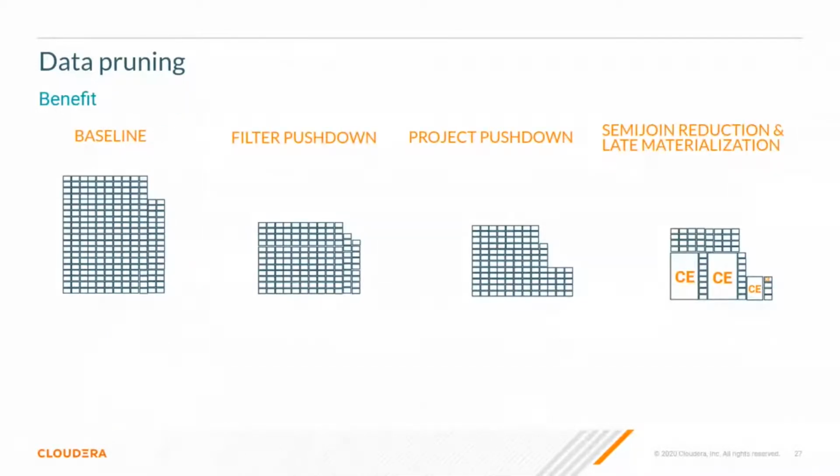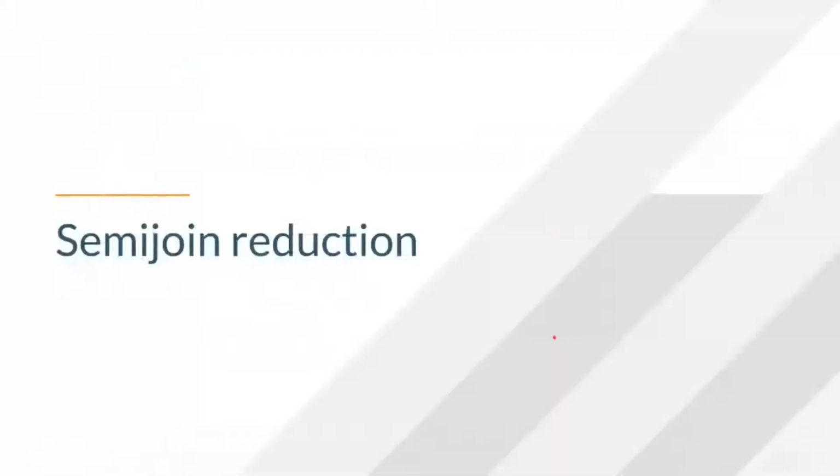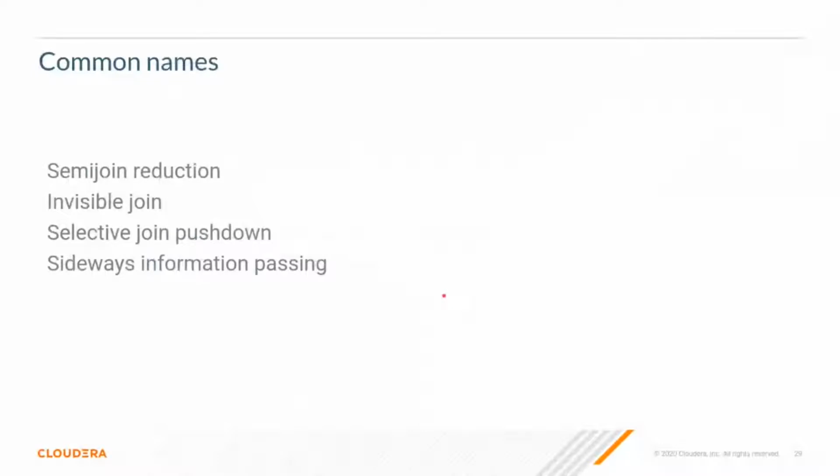So let's talk a bit more about semi-join reduction, and in particular, how this is done in Hive. You might have seen this optimization with some other names, namely invisible join, selective join pushdown, or otherwise sideways information passing.